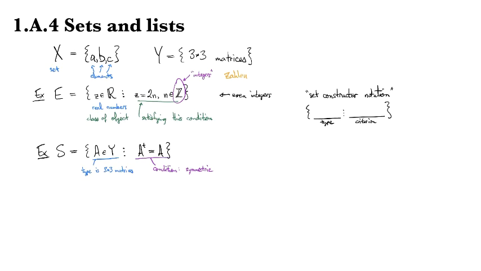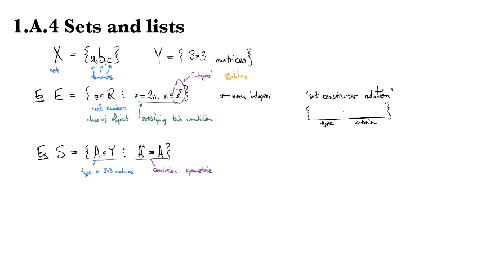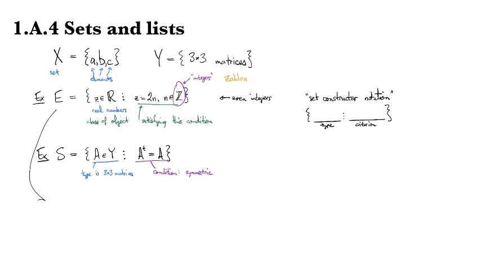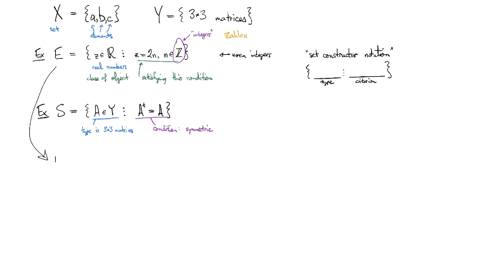And then it's also possible to write these in a slightly different way using an indexing notation. So let me take this example for the evens down here and do a little alternate version of it.